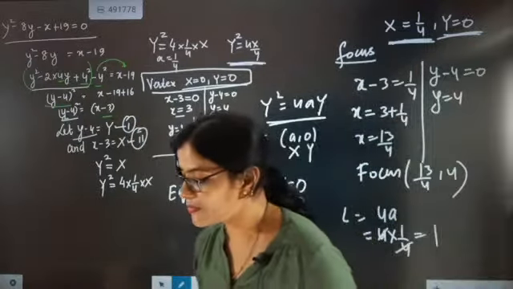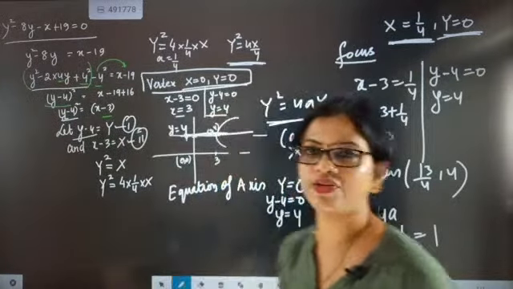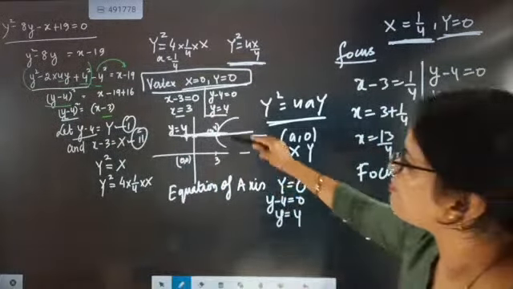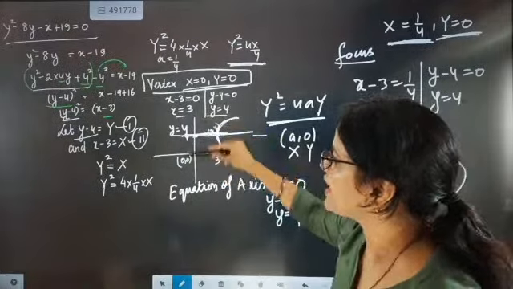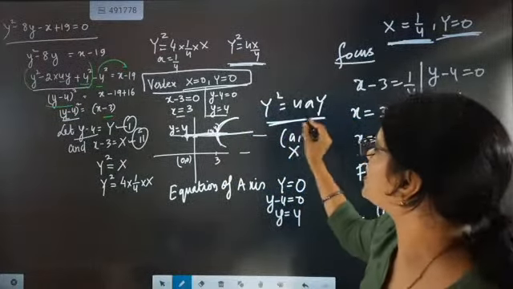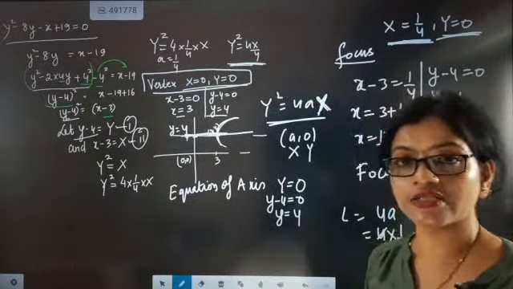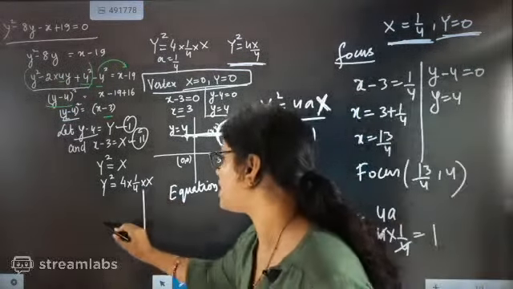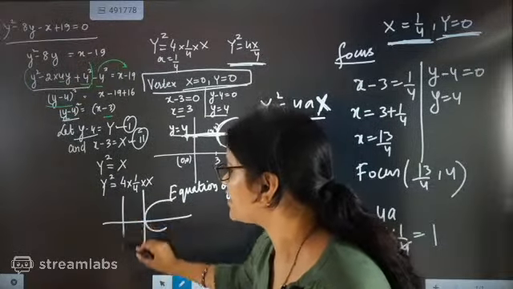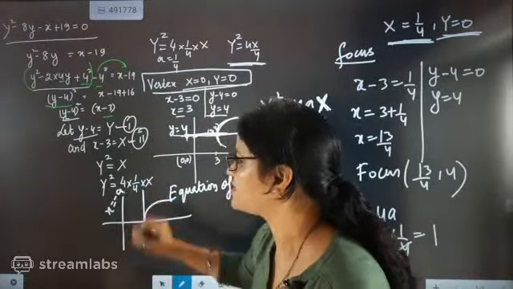Now the directrix. One more important point is the directrix. You know that for the parabola y square equal to 4ax, the directrix is x equal to minus a.